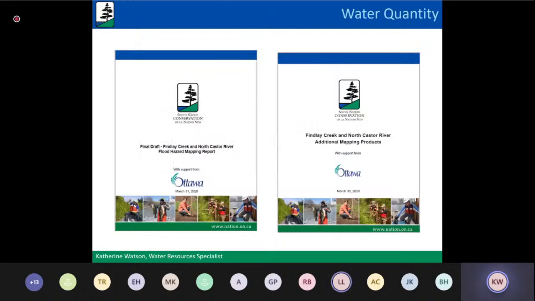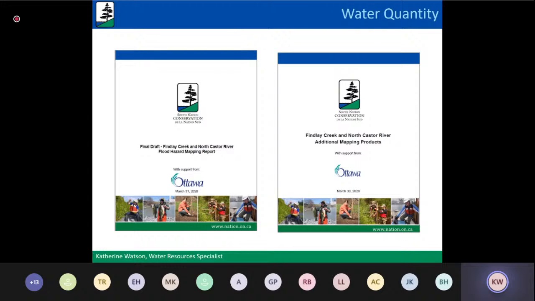So again, within this catchment study, our main goal is to establish baseline conditions for water quantity as well as water quality. So we're just going to take you through some of our water quantity investigations. While we were completing this study, at the same time, the SNC was updating the floodplain mapping for this area, for the North Castor.